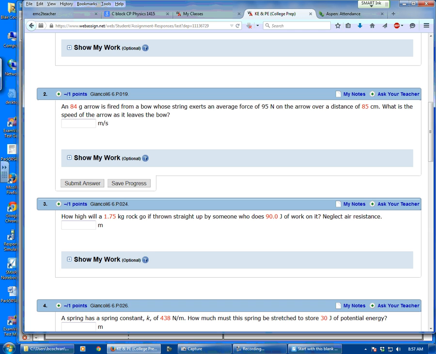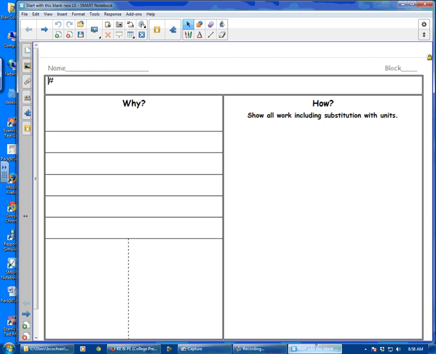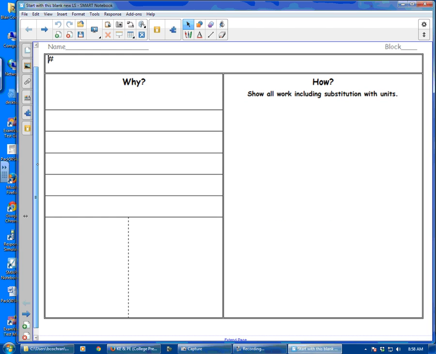So, the question is, how is this kinetic energy changing? Well, it's changing by the string doing work on the arrow. So that's where I would start off with my Y here. It's number 2.